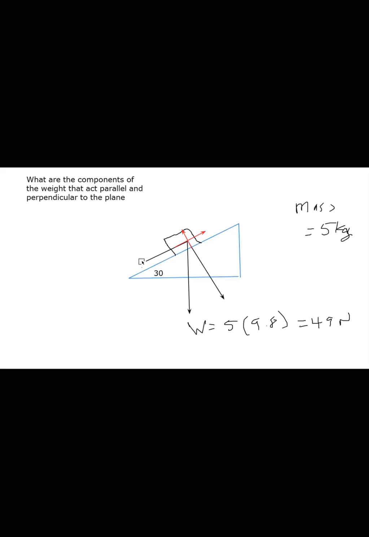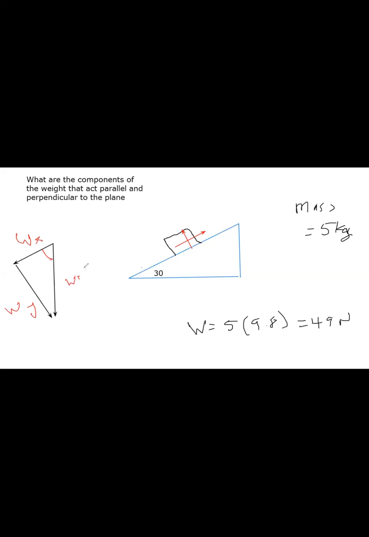Now, we learned last chapter how to find components using cosine and sine. So what we did is we drew a vector triangle. We took our hypotenuse, our x component, and our y component, and made ourselves a vector triangle, where this is Wx, the horizontal component of the weight, and this is Wy, the vertical component of the weight, and they're at this angle.